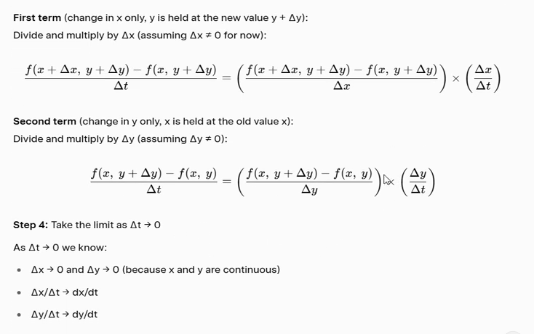And taking delta t tends to 0, because z is a function of x and y, and they are continuous functions, delta x and delta y also tend to 0.